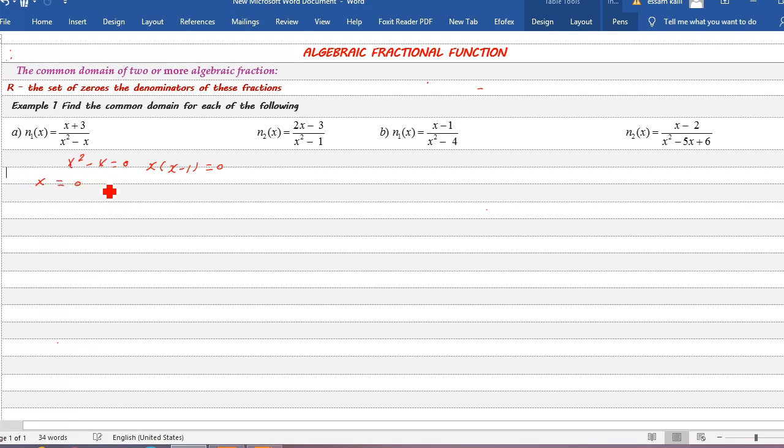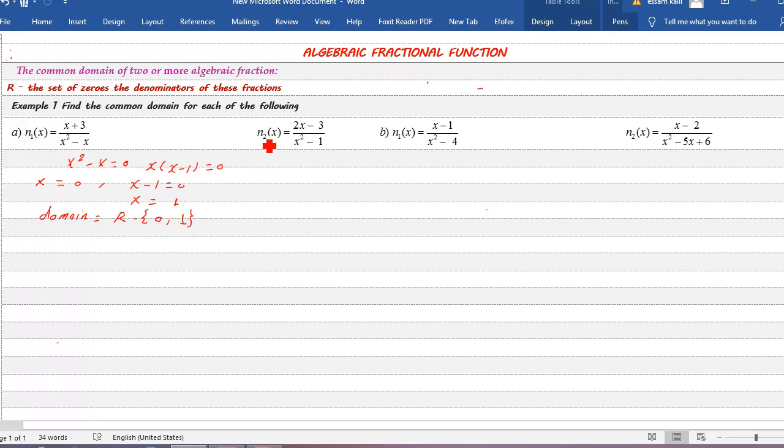Equal 0 or ال x minus 1 equal 0. Move ال negative 1 another side. يبقى الدومين equal what? Equal R difference sets of 0 and 1.